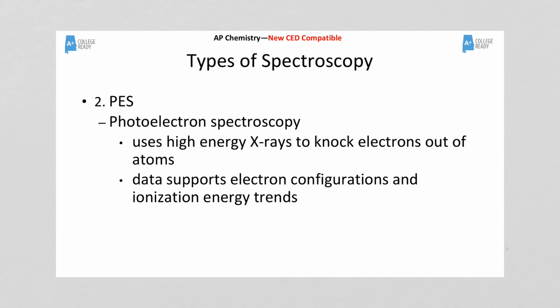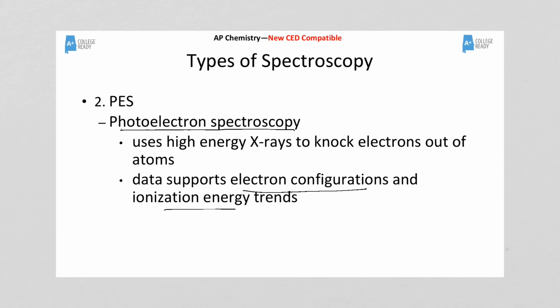Okay, PES is related to electron configurations, and when we talk about ionization energy with periodic trends, it really supports that as well. It stands for photoelectron spectroscopy, but it's much easier just to say PES. It's when high energy X-rays are basically knocking electrons out of the atom.